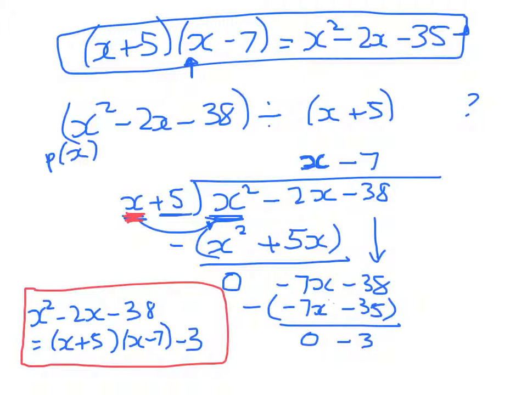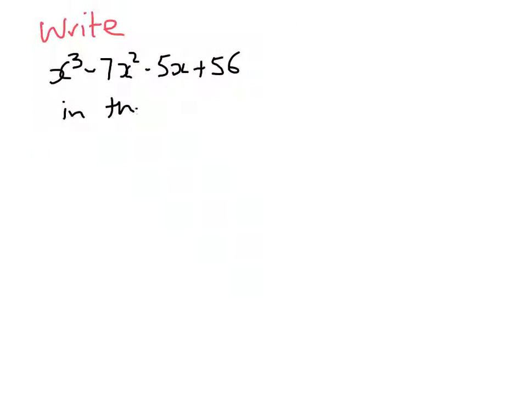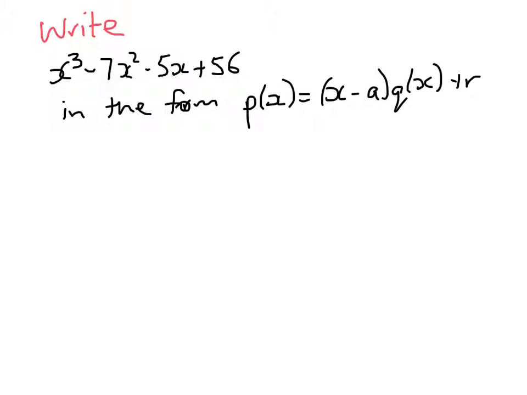Now we're going to try it on a cubic where we won't know what we're going to get first. So let's write x cubed minus 7x squared minus 5x plus 36 in the form p of x equals x minus a times q of x plus r, where a equals 4.